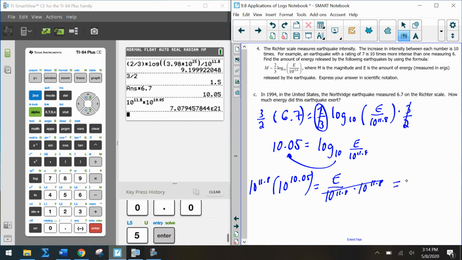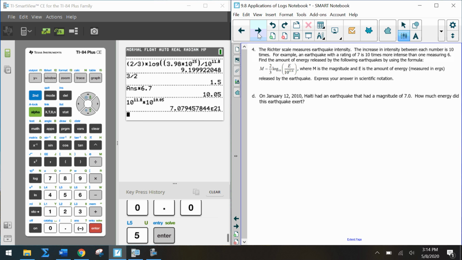So the amount of energy is 7.1 times 10 to the 21st. So when you read that, this e means scientific notation. So that means times 10 to the 21st ergs. Okay, so this is us solving for the e in this particular problem.